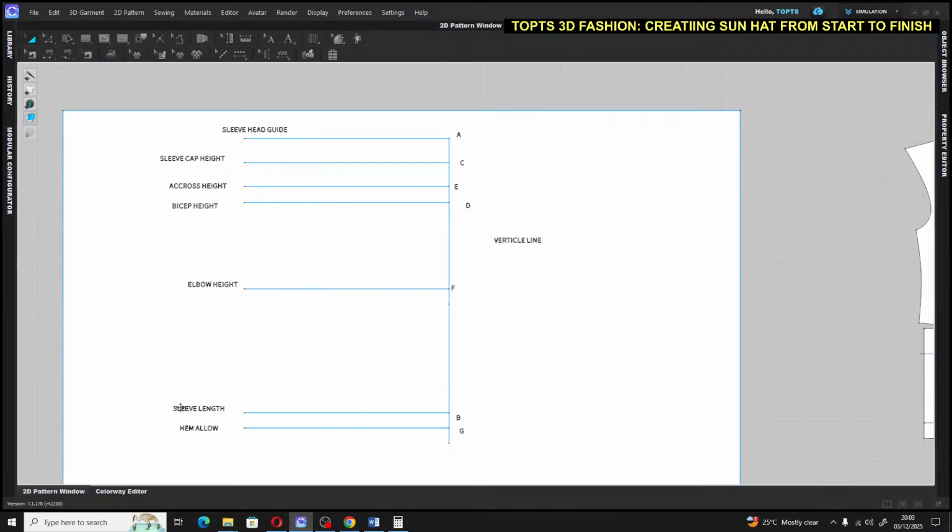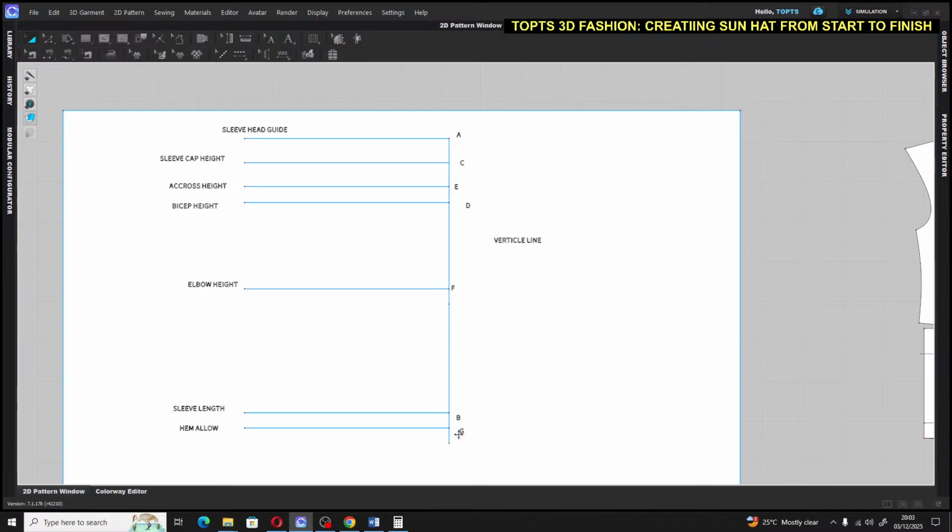Then line B is our sleeve length, of course, as it is 26 inches. Then we added 0.5 inches seam allowance. Again, we added 0.5 as seam allowance, giving us now a total of 27 inches. Then also we added allowance of 1.5, which is line G.